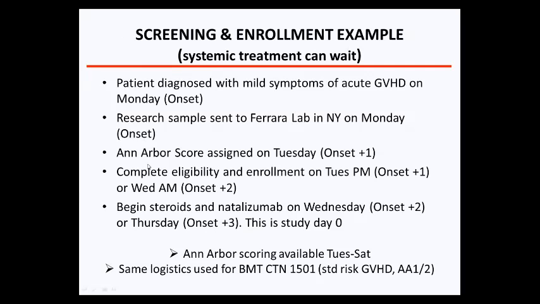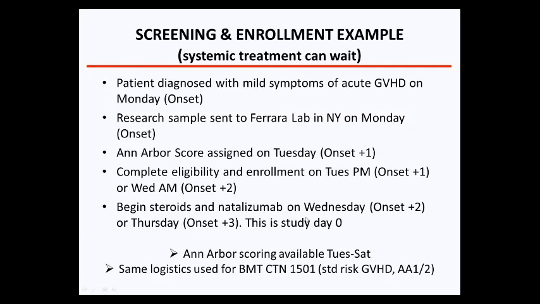The email is generated, everything. And the next day, latest, you have the Ann Arbor score that is assigned, so onset +1. Complete eligibility and enrollment on that same day in the afternoon, so onset +1 still, or Wednesday in the morning, onset +2.